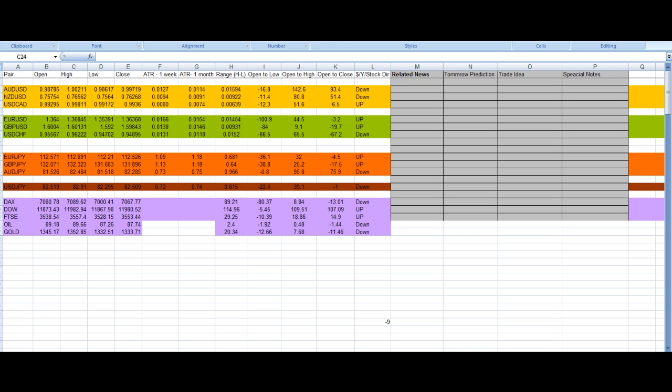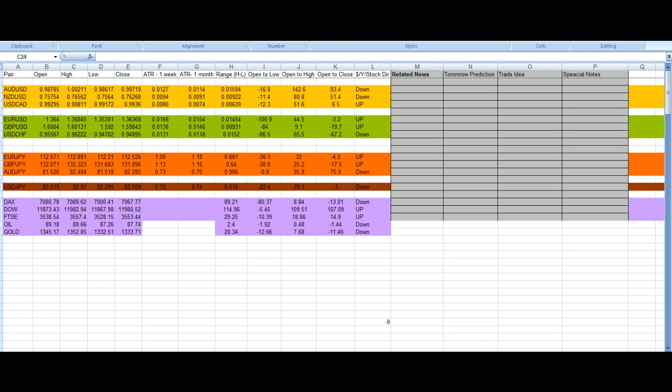We had a mixed day today. We had the indexes mixed. Two of the stock indexes were up, the FTSE and the Dow, while the DAX wound up down. And the commodities were weak. So it's all mixed up today.